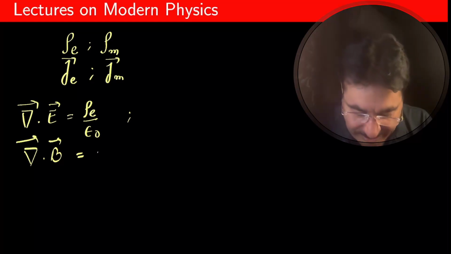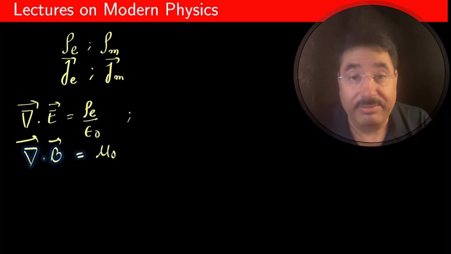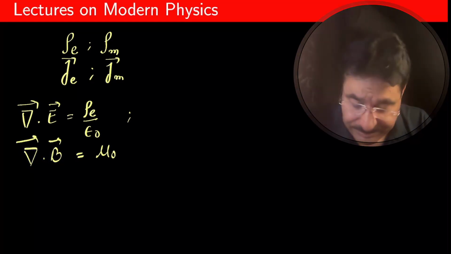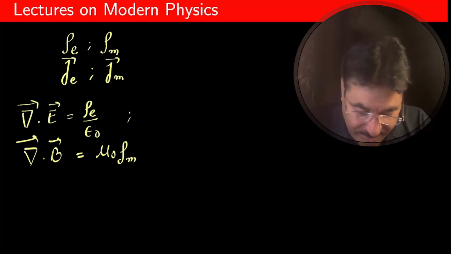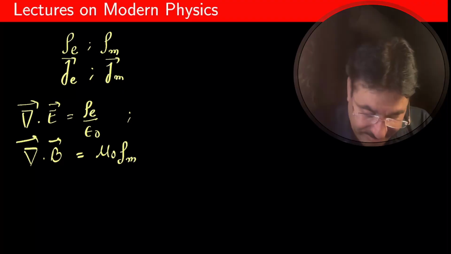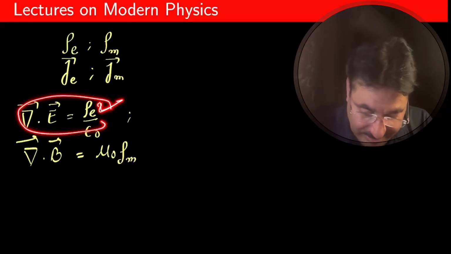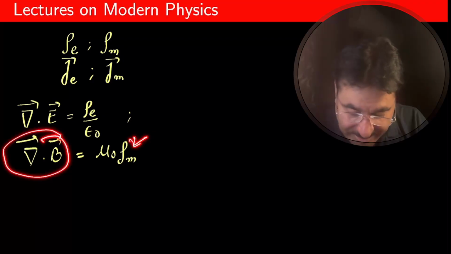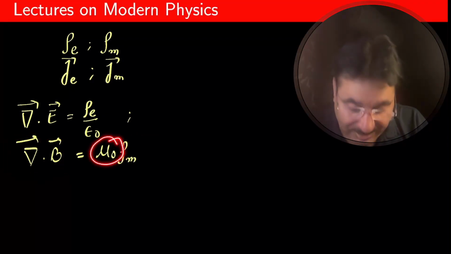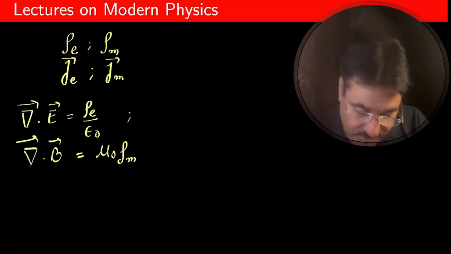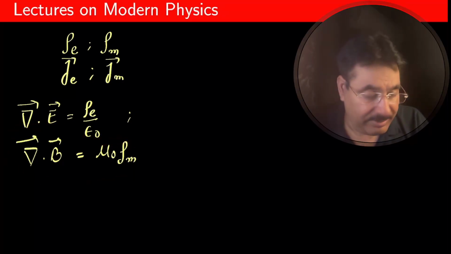The divergence of magnetic field would be mu naught, the magnetic permeability constant, times rho magnetic. So it will be symmetric to this, right? We have divergence of electric field related to electric charge density. The divergence of the magnetic field will be related to magnetic charge density, in the right units, and you'll have to multiply it with mu naught. So this is our equation for the divergence of electric field, and this will be our equation for the divergence of the magnetic field.